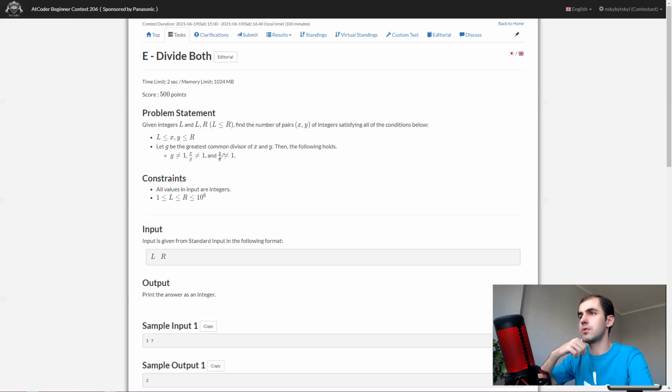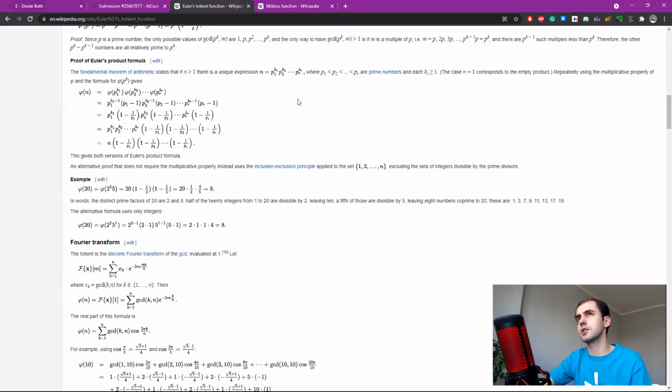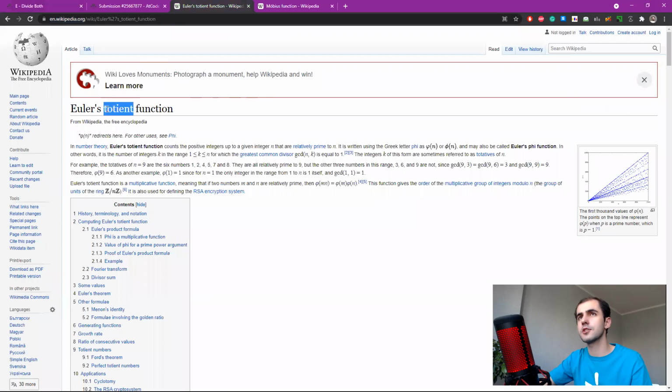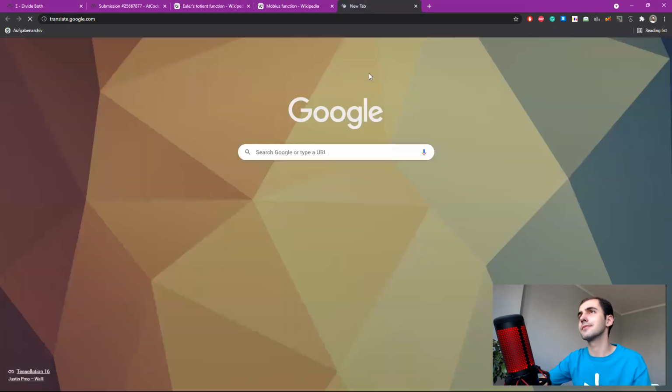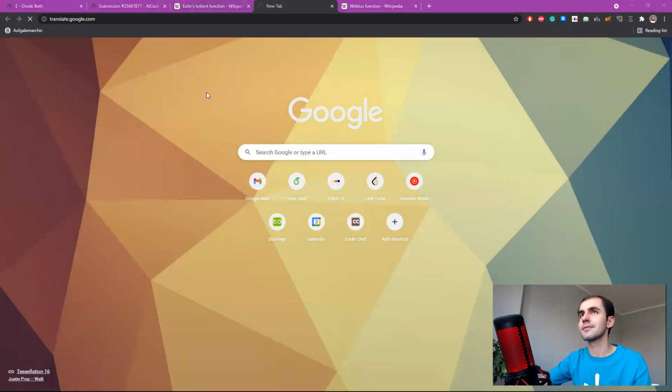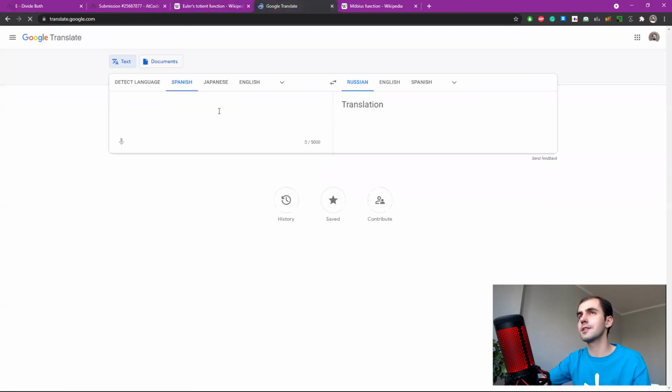And you may remember something like the Euler totient function. I actually don't know how it's pronounced, to be honest. I never used it in speaking.